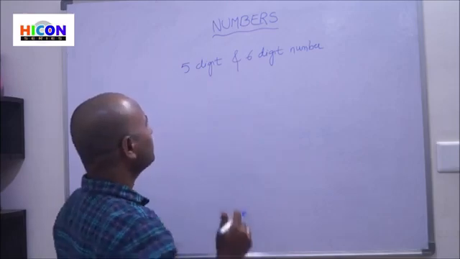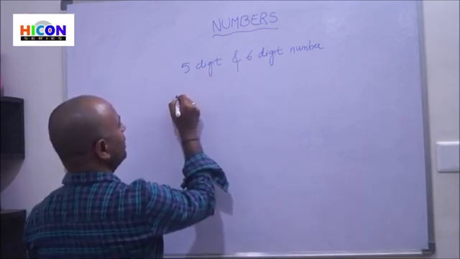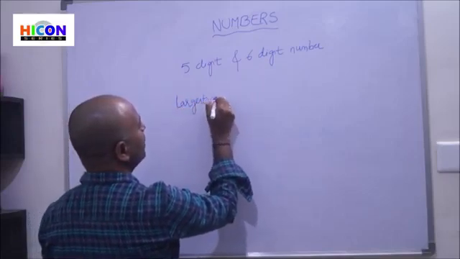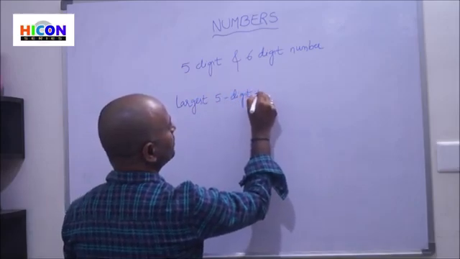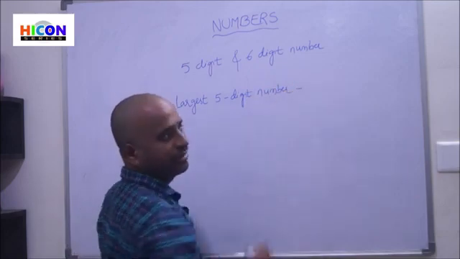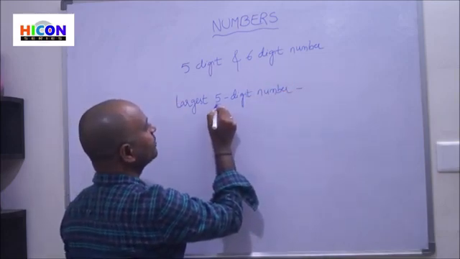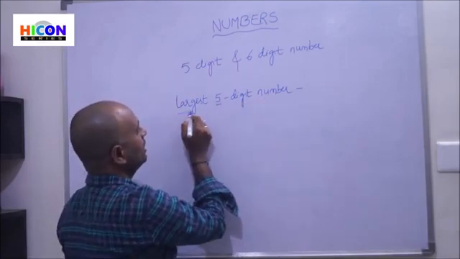So now, what is the largest 5-digit number? We can understand that the number should contain 5 digits and that number should be largest.